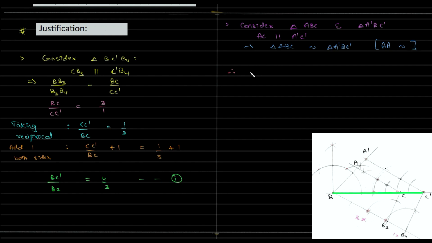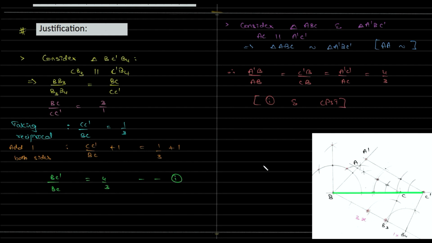So we have therefore A dash B by AB which is equal to C dash B by CB which is equal to A dash C dash by AC which in turn is equal to 4 by 3. All this is from first expression and CPST.